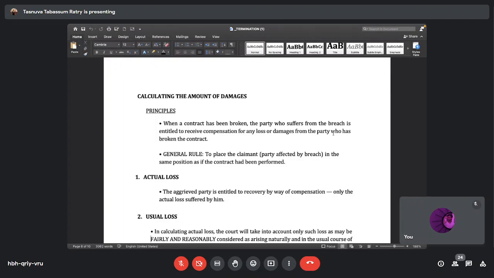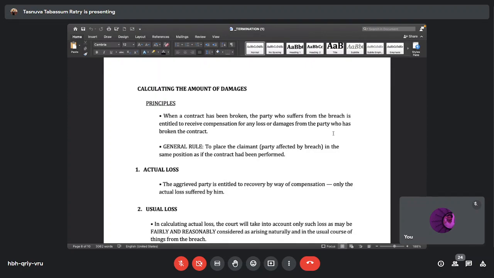So if the parties have suffered from the breach, they are entitled to receive compensation for the loss and damages that have occurred because the contract was broken. Say, I remember a little while ago we discussed an example that John was supposed to deliver 10 tons of coffee beans. In that case, Jane is the suffering party. Jane will be entitled to receive damages.